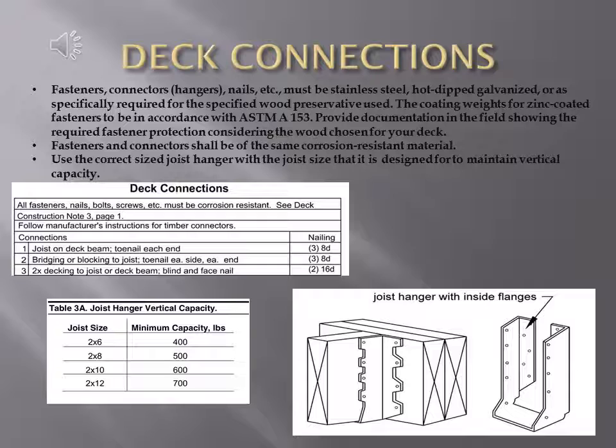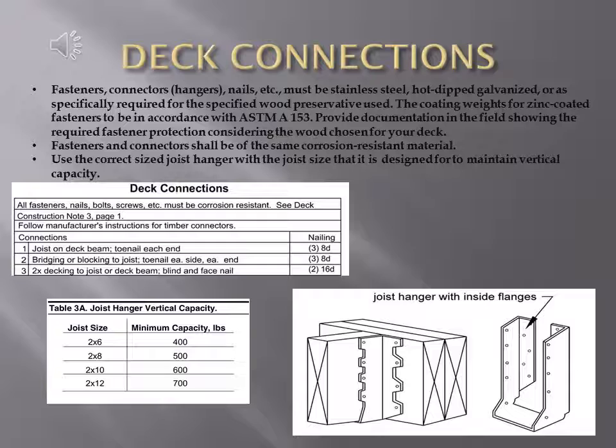The coating weights for zinc-coated fasteners are to be in accordance with ASTM A153. Provide documentation in the field showing the required fastener protection considering the wood chosen for your deck. Some inspectors may require proof that your product will work in the field.